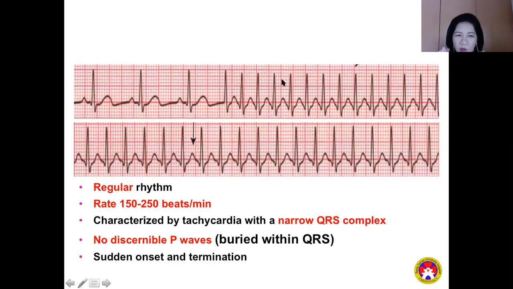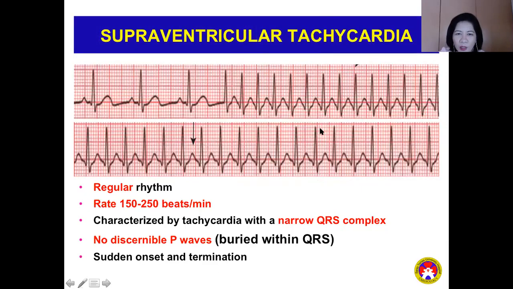At a rate more than 150, with a narrow QRS and no P, this is supraventricular tachycardia. A clue here is that if you see that the QRS is narrow, you know that complex came from above the ventricle.